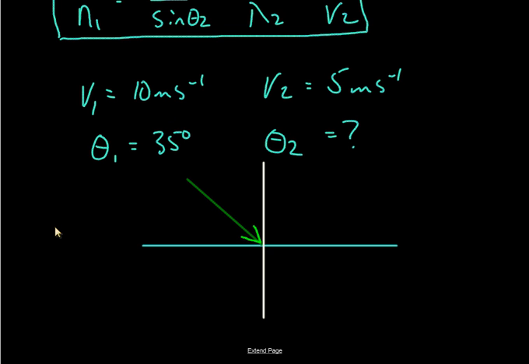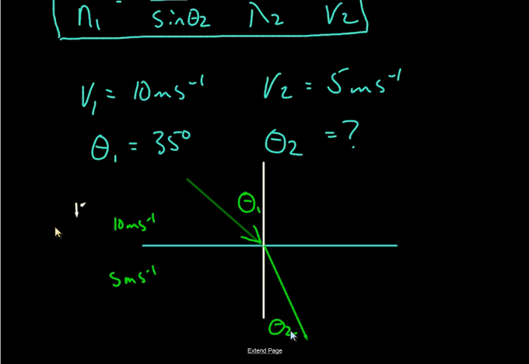It's coming like that. Our refracted wave is down here like this. This is 10 meters per second here. This is 5 meters per second here. Here's theta 1, and here's theta 2.